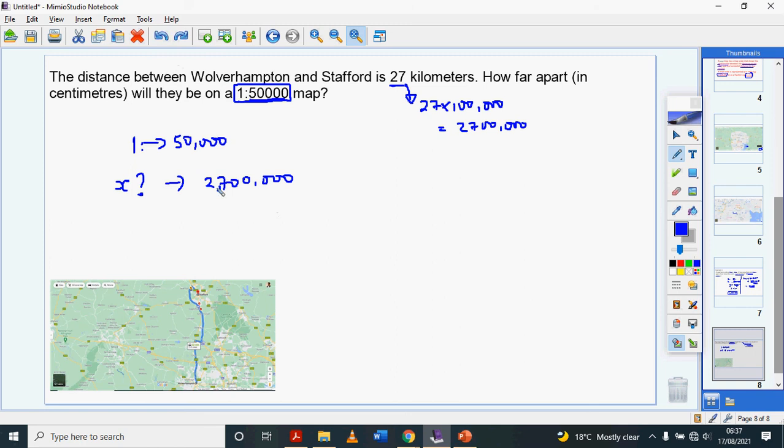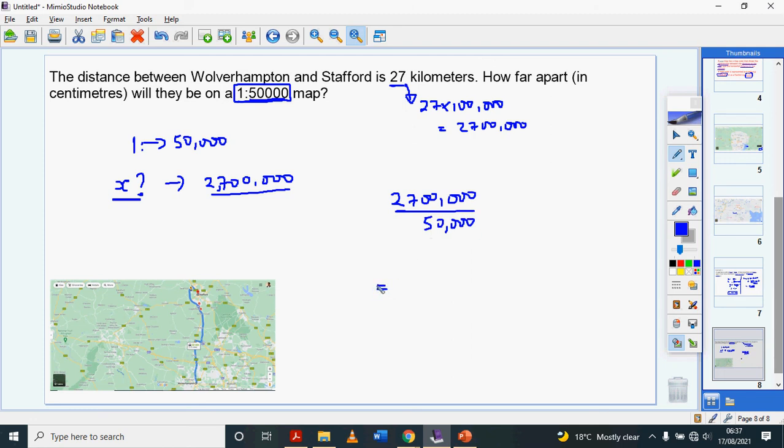So if you think about it critically, if 1 centimeter is 50,000, and you're trying to figure out how many centimeters are in 2.7 million, all I have to do is divide the 2.7 million by 50,000, and I will get the distance on the map.